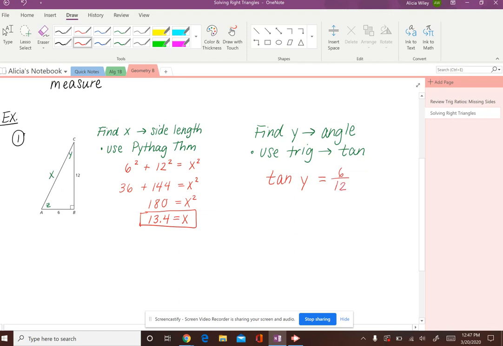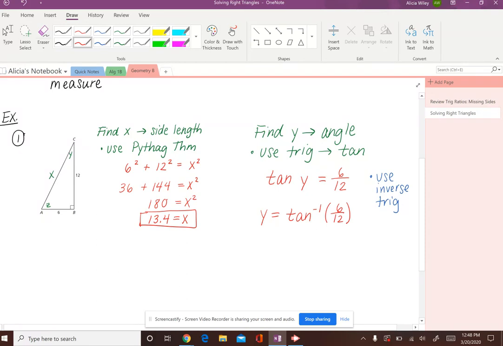Now remember, whenever you have this type of problem where you're trying to find the angle, you're going to use inverse trig. So keep that in mind. So we have y equals tangent -1, so inverse tangent of your ratio 6 over 12.